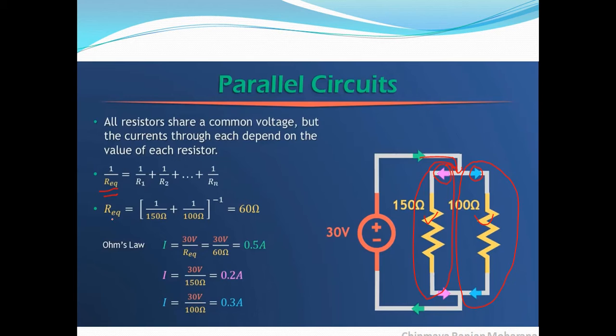Okay. Similarly, our equivalent resistance for this figure is 60 ohm. So by applying Ohm's law, we can calculate the amount of current. Clear? By applying Ohm's law, that is I equals V by R.